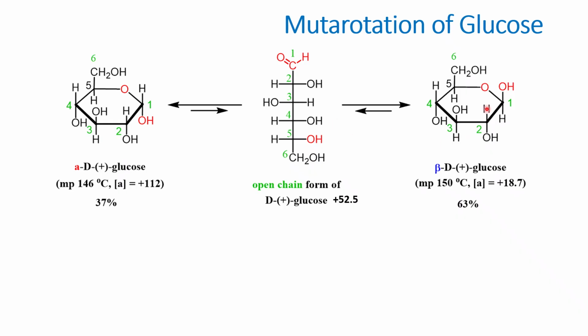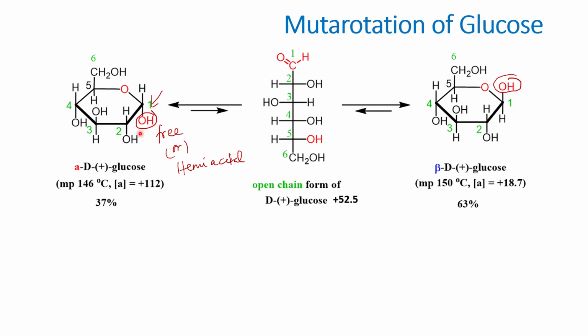So it is a slow change in optical rotation of the carbohydrate when it is dissolved in water. And this slow change is to the equilibrium position or the open chain structure. So this is happening in solution for carbohydrates. Whenever a carbohydrate has this anomeric carbon OH free, or when it is in the form of hemiacetal, then this carbohydrate has the ability to open up into an open chain structure.